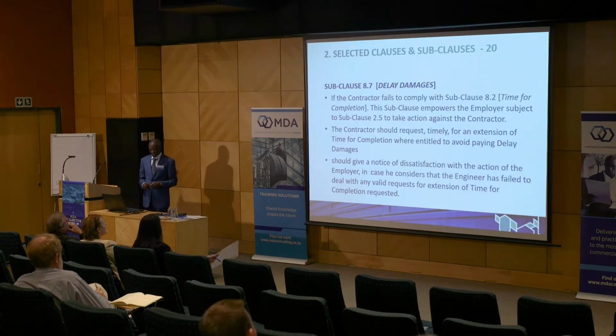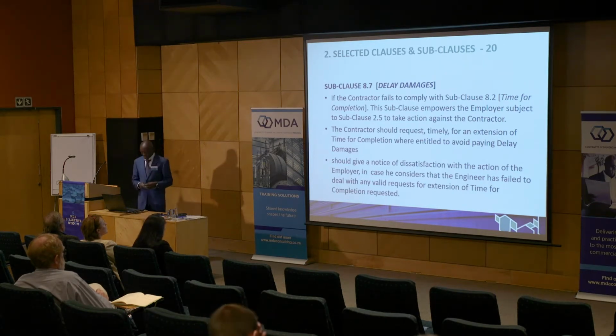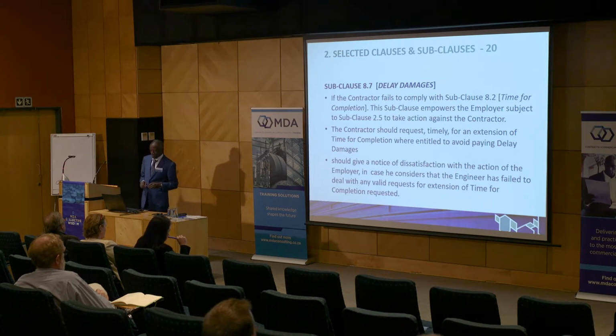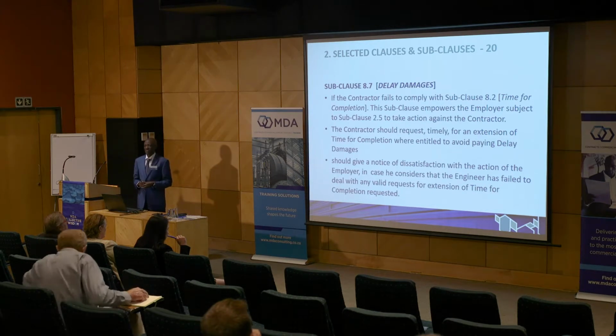Another subclause which I've selected is subclause 8.7, which deals with delay damages. This comes in if the contractor's works are delayed and the contractor has failed to comply with the contract in compliance with subclause 8.2. This subclause empowers the employer, subject to subclause 2.5, to take action against the contractor.